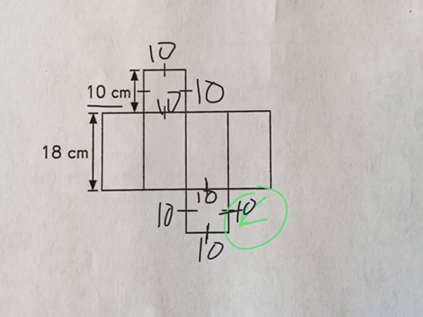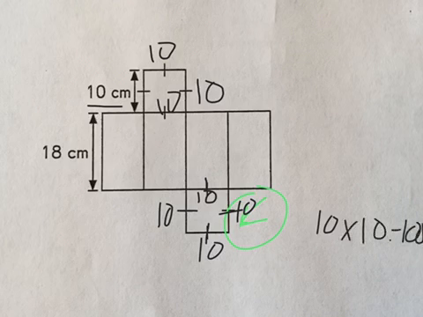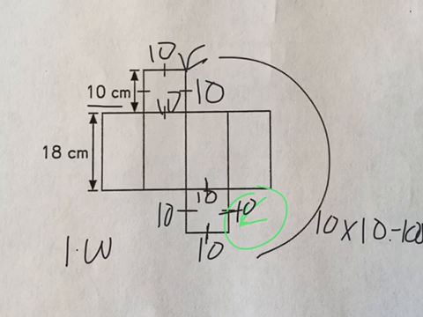So to find the area of it, we are going to do 10 times 10, which equals 100. And I know that I'm going to do this because the formula is length times width. And since this right here is equal to this down here, we know that this is 100 as well.